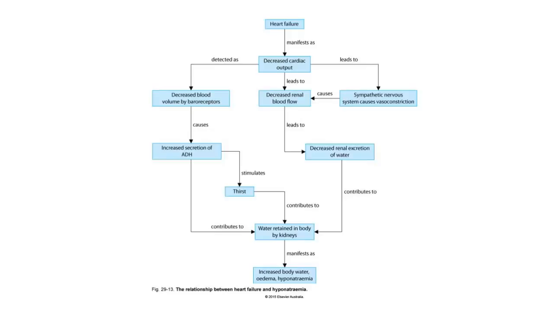And so that decreased renal blood flow will see less renal water excretion, and that will also contribute to the water retained by the body. That excess water that's retained will dilute what sodium we have in the body, creating hyponatremia.